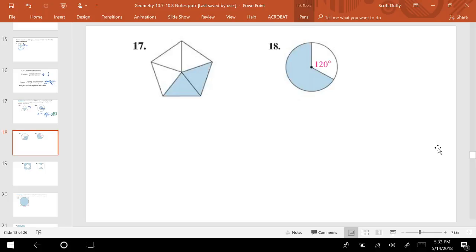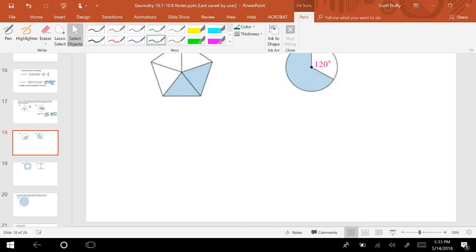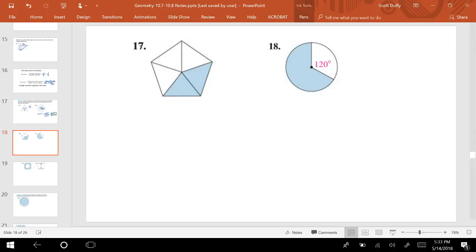Number 17 you can do. You see they're all the same area. 18. What you see is that the shaded region is 360 minus 120, which is 240.